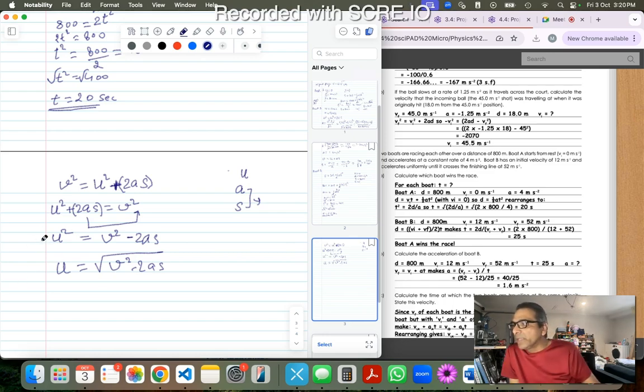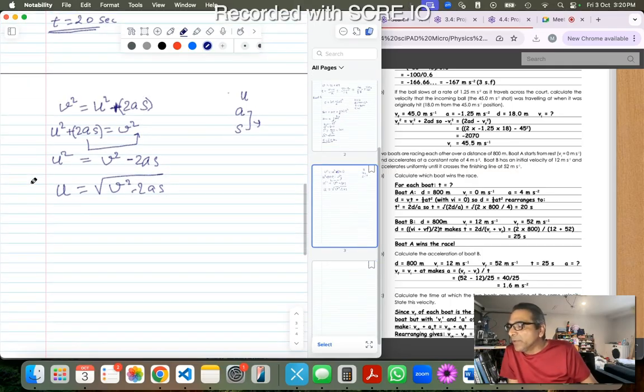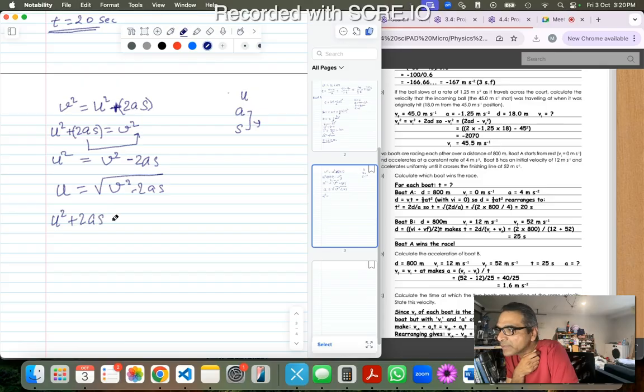The next is for a or s. You tell me what you want. Again, the first step: the subject is a. Whatever the expression in the whole equation is, we have to put on the left hand side, so u square plus 2as equals v square.